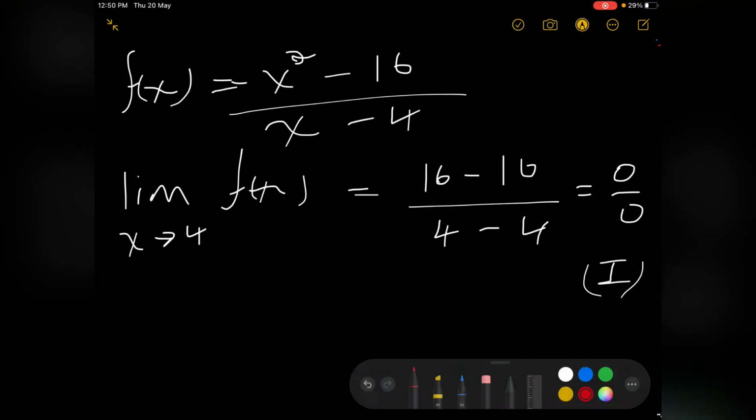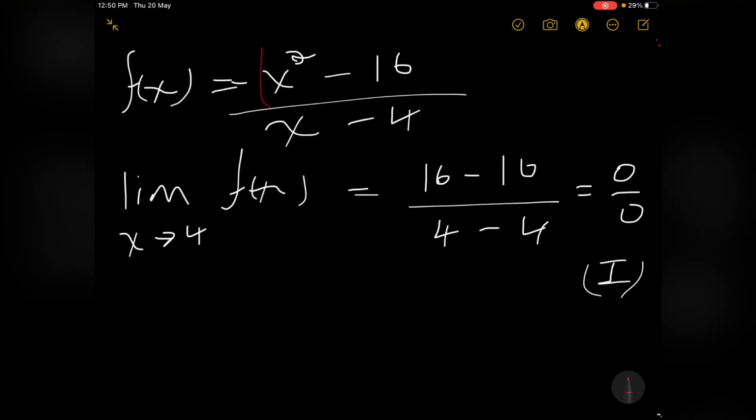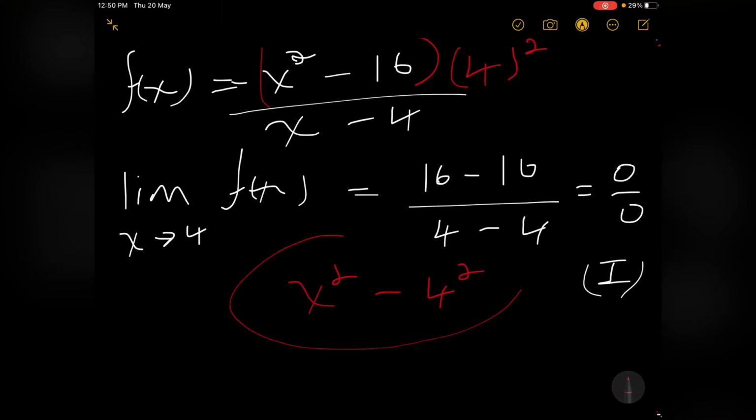So if we look in the numerator, we see that we have x squared minus 16. 16 can be rewritten as 4 squared. If we rewrite that, we would have x squared minus 4 squared. And looking at this, we see that we have the difference of two squares. So let's expand that.